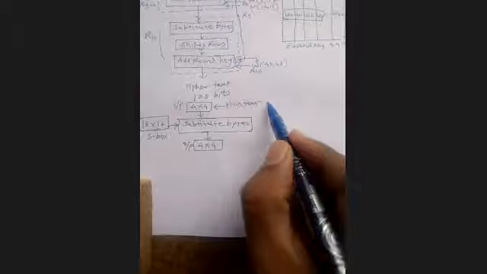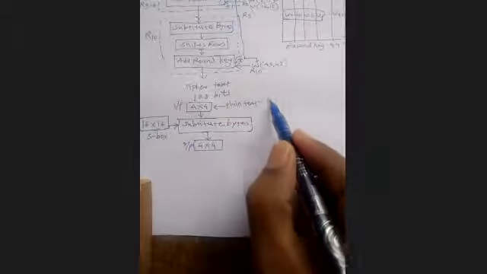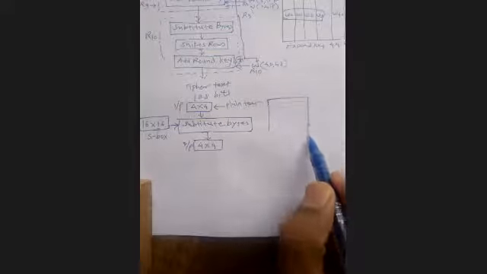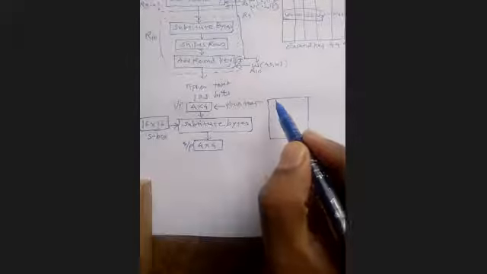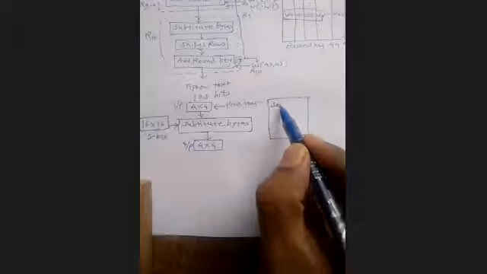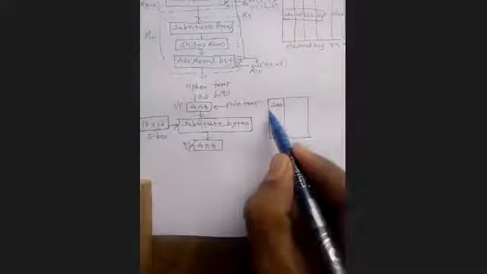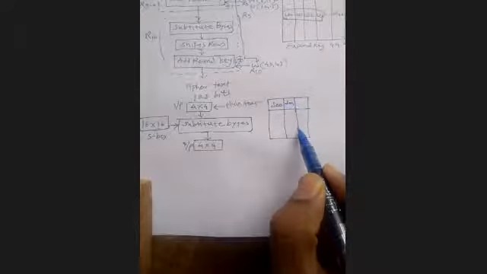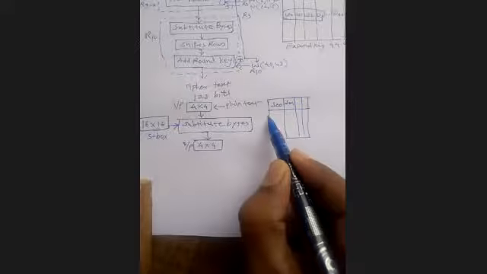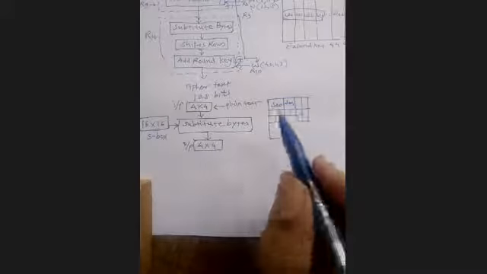So here I have to draw this 4x4 matrix first. S00, only one I have to draw, and S01. The rest I do not have to draw, so you can easily understand.